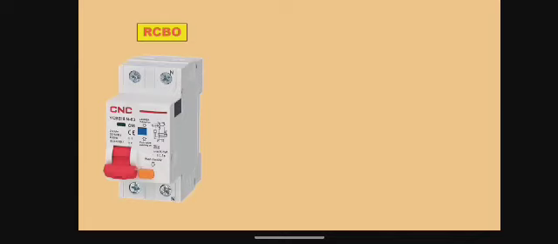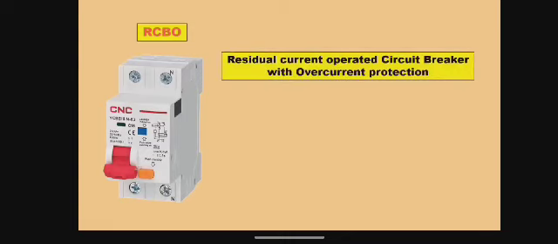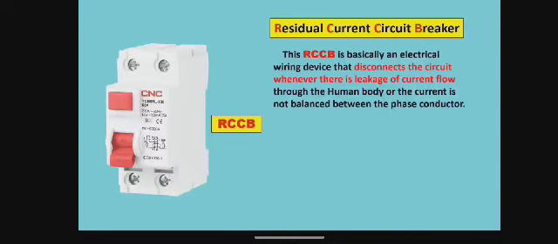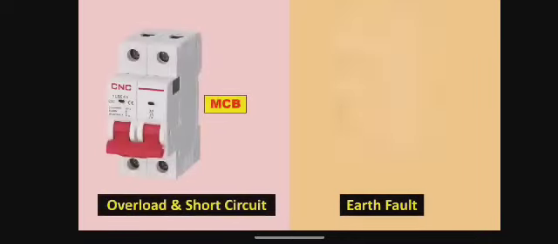Now here we have an RCBO. The full form of RCBO is residual current circuit breaker with overload protection. By listening to its name, you must have got an idea of what the working of an RCBO is, but I will explain everything. Like I told you in the beginning, the MCB provides us protection from overload and short circuit. After this I told you that the RCCB provides protection from earth fault. Now if we want protection from earth fault, overload and short circuit, then we have to use both MCB and RCCB.